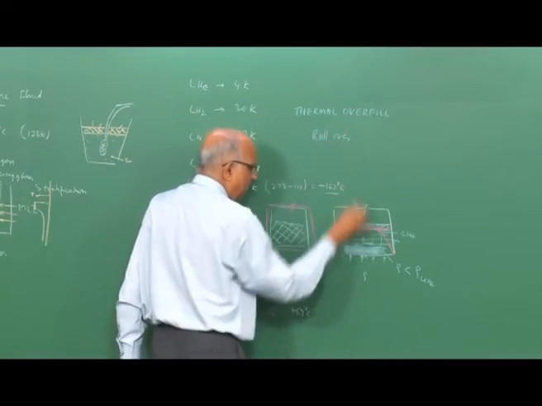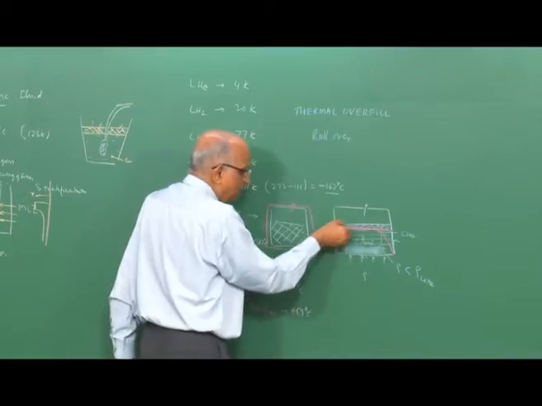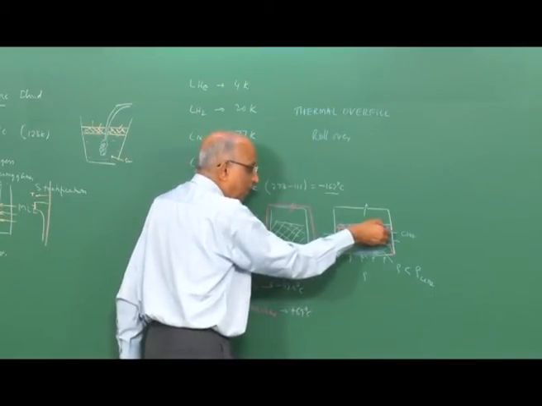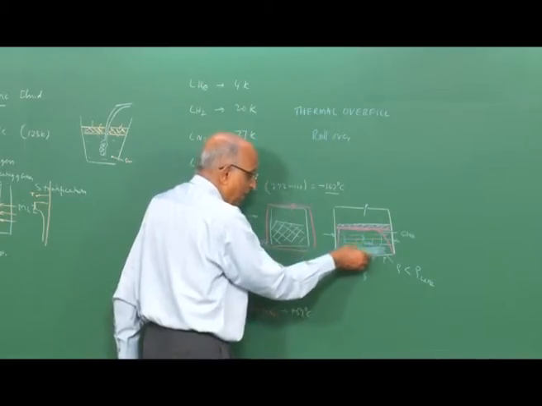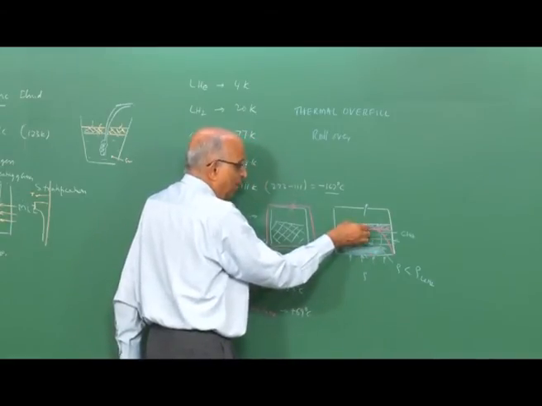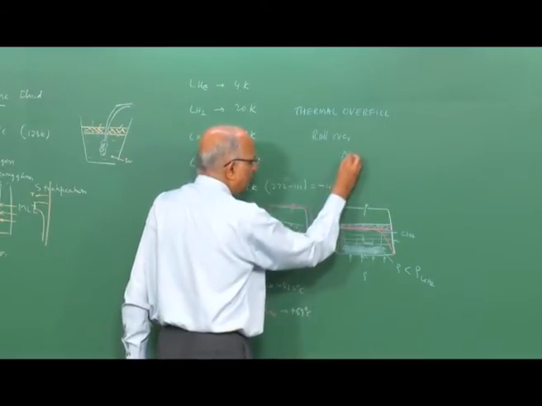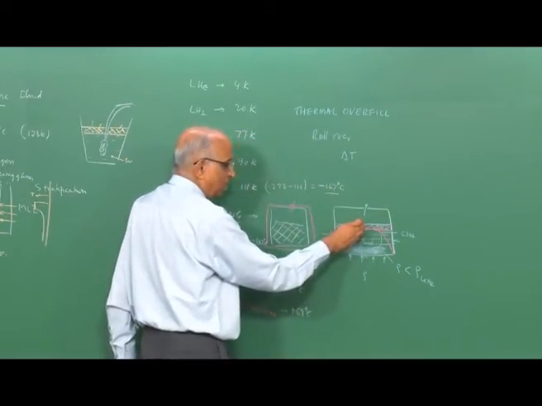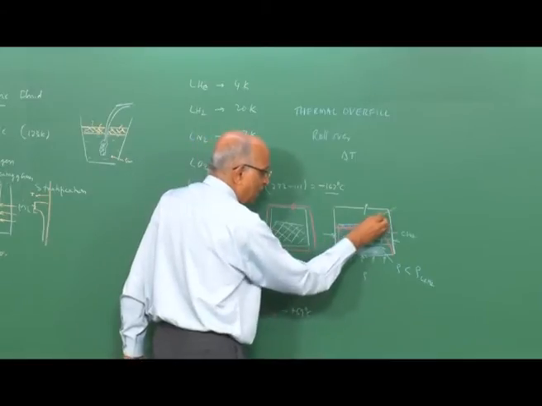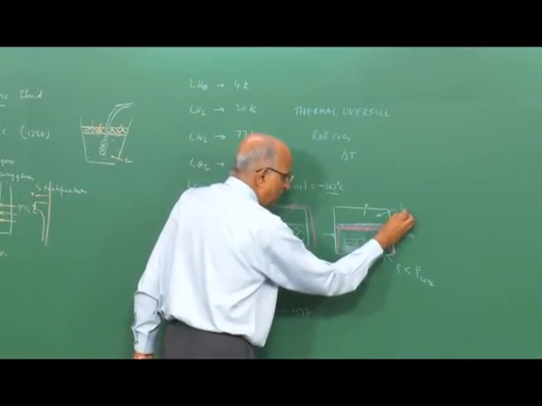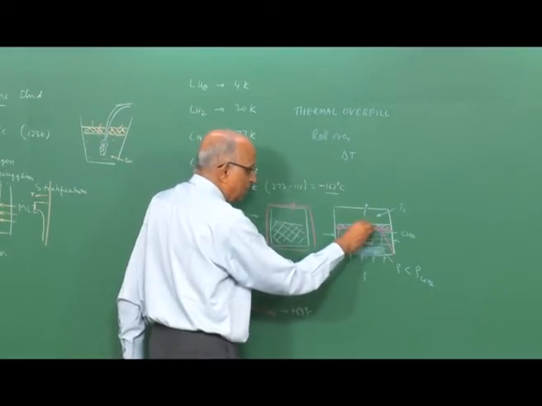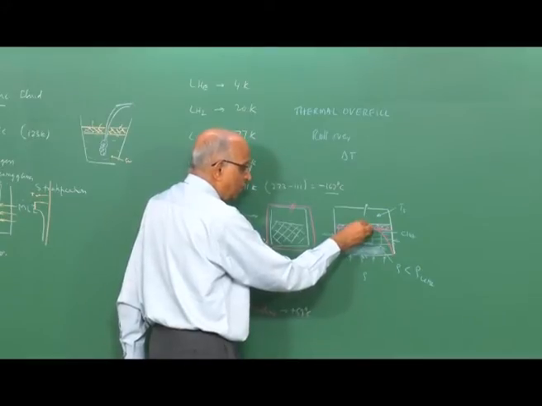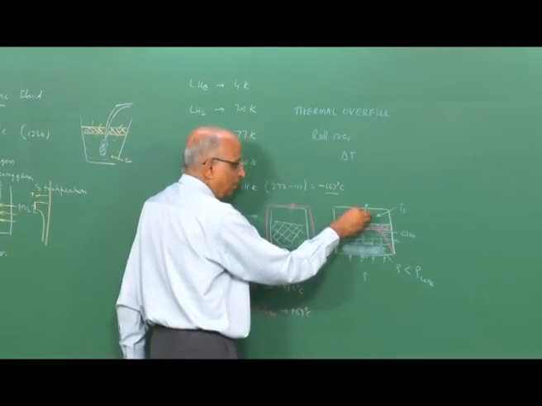That means the heated thermal overfill comes and heats the top layer, which is already a little warmer. But mind you, now the temperature difference here is quite high. It comes to the top, mixes with the stratified layer, and you get a discrete increase in temperature of the surface layer. The gas over here is at the original stratified layer temperature, and all of a sudden this increase in temperature is such that the vapor pressure is not in equilibrium with the pressure here.